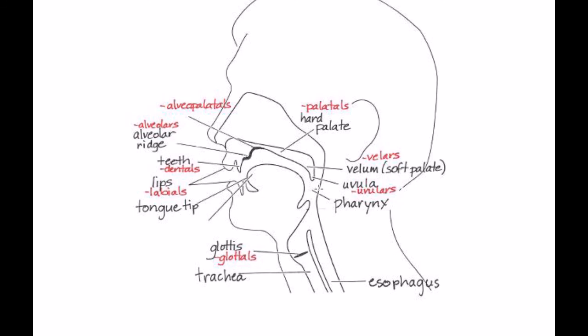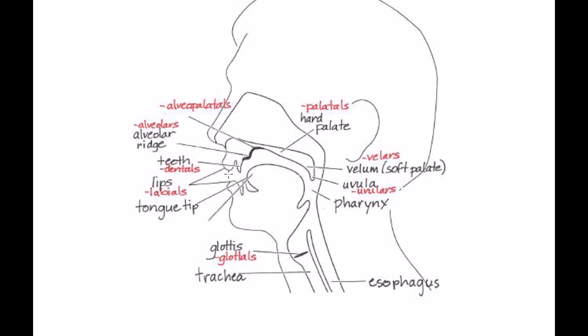And then when the air passes into the mouth region, we can now change the shape of the mouth in different ways. We have two different kinds of articulators. We have movable articulators, which are the muscles, like the lips. The lips are movable articulators, and the tongue is a movable articulator. So we have the tip of the tongue here.